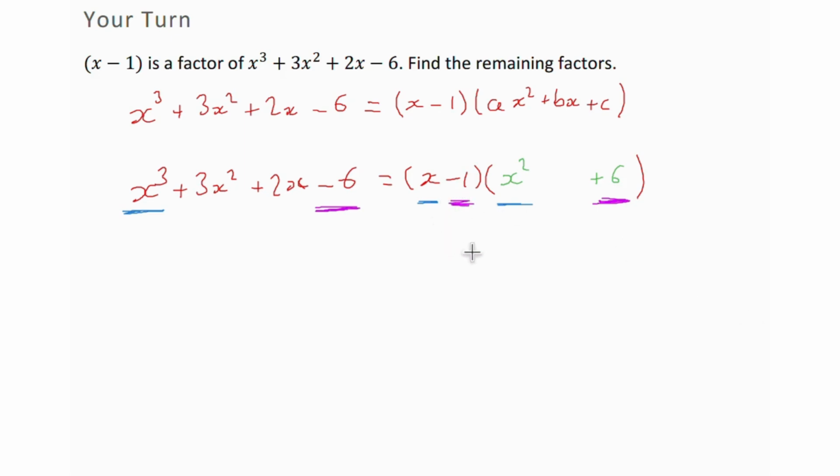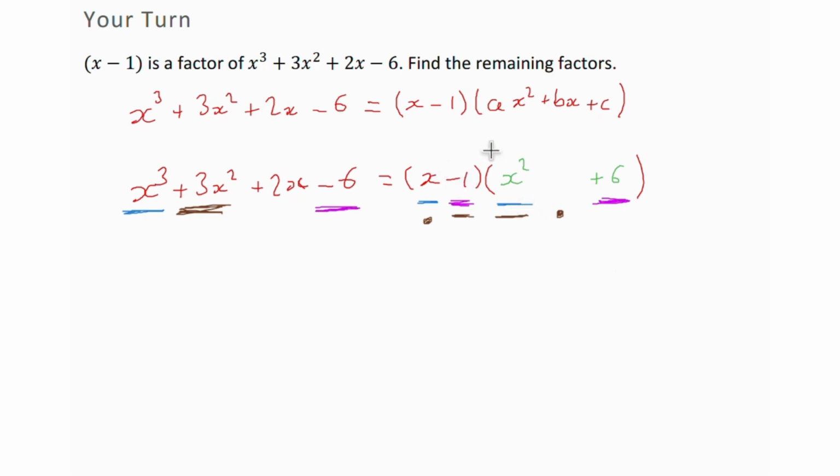Finally, we have to look at how we're going to get the x squareds or the x's. It doesn't particularly matter which one we choose. I'm going to choose to do the x squareds. 3x squareds. Now, how could I get x squared on this side? Well, I could have minus 1 times by x squared, or I could have x times by whatever number of x's there are there.